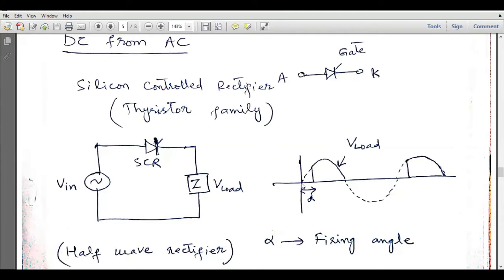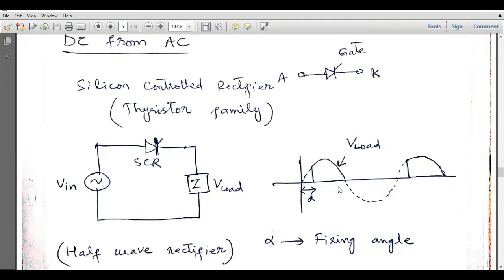So if we are applying the gate pulse after this angle alpha, which is called the firing angle, the thyristor will turn on after this interval, and we can control this interval. So as a result, the rectifier output which we obtain at the end will be starting from this angle, and before this angle our output will be equal to 0.